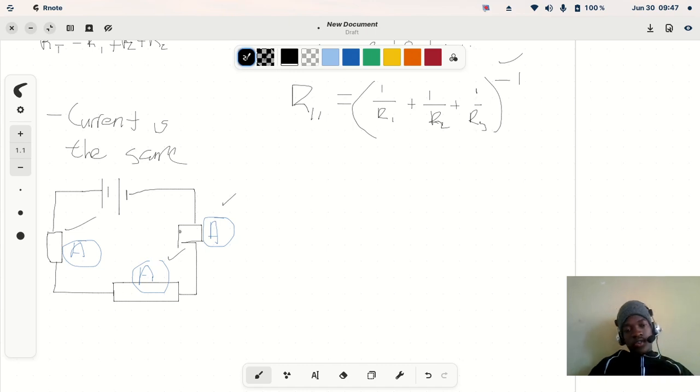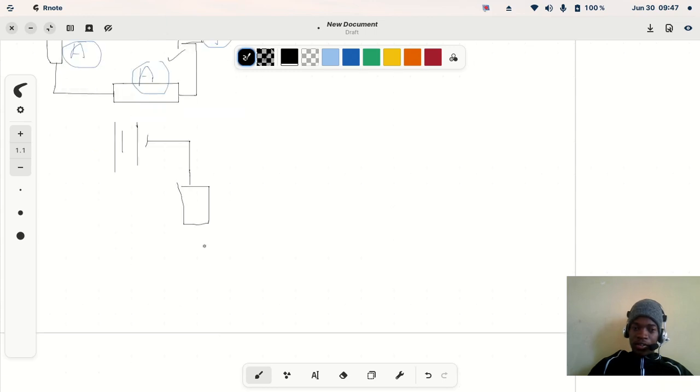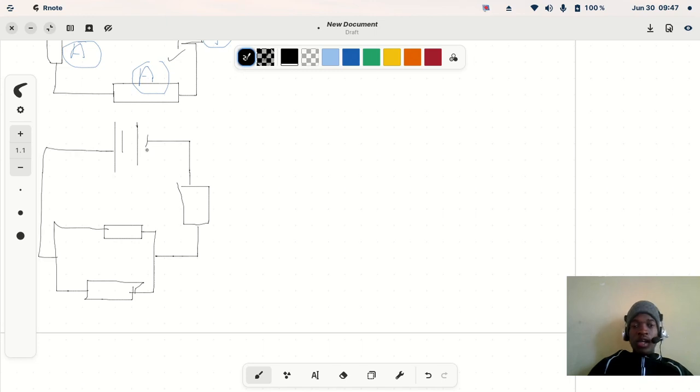Now I want you to also note that even if you have a series and parallel combination, you can still apply this. Let's suppose I have a resistor here, and this resistor is in series with a parallel circuit of other resistors, like this, and I'm sure you've seen many of these. We can still have this point being valid.